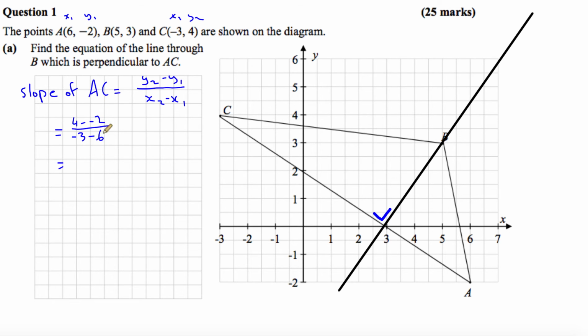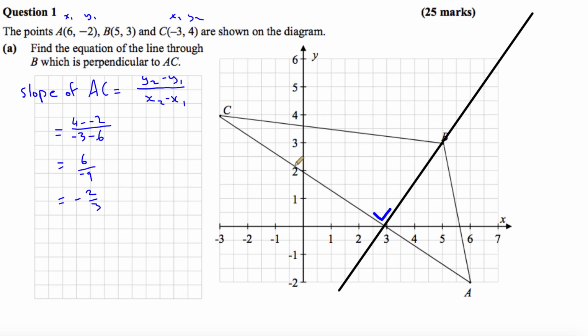And when we do this in a calculator, that gives us 6 over minus 9, which is minus 2/3. Okay, so the slope of AC is minus 2/3.